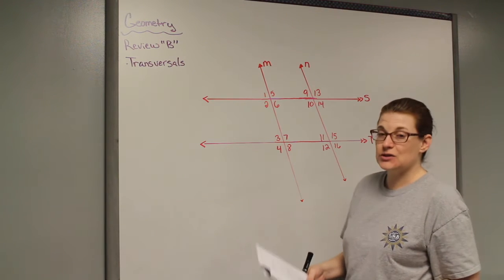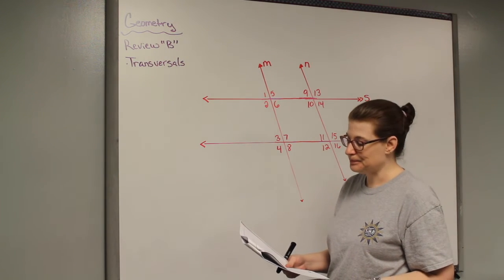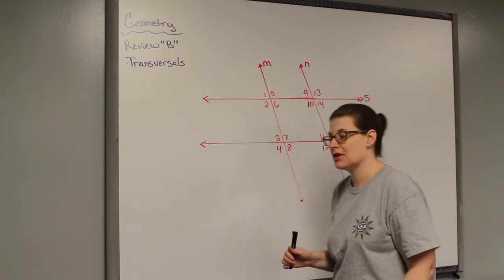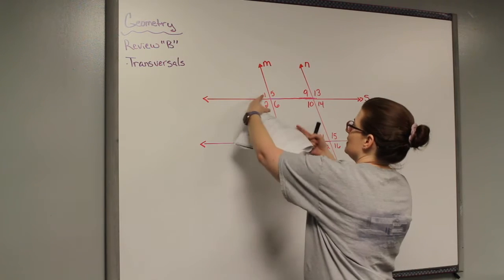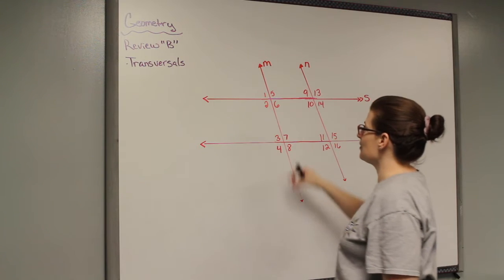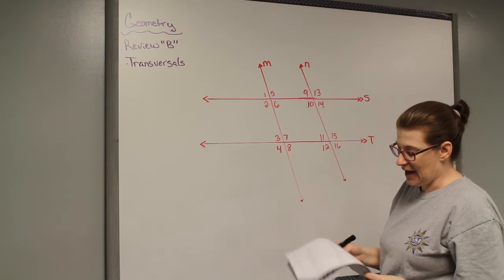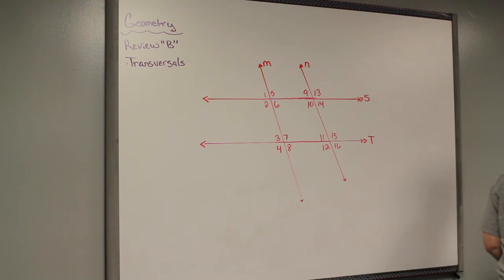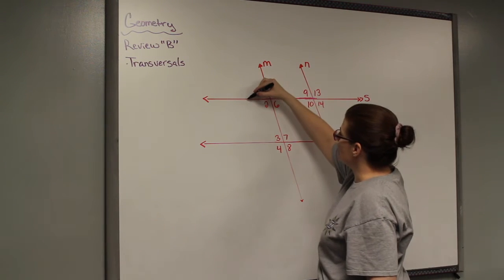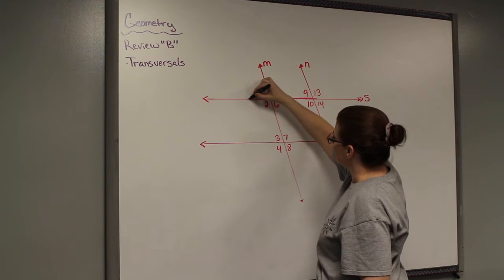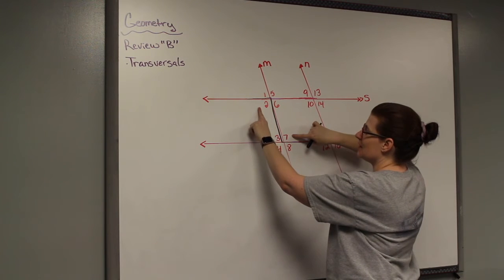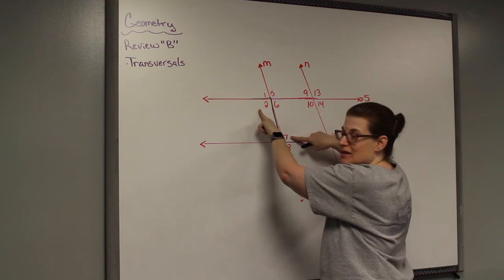So the first type of angles made by transversals for parallel lines would be alternate interior. Alternate interior means that they're on a different side of the line. That's alternate. Interior means they're on the inside. And they tend to make a Z pattern. So for instance, if I made a Z here, 2 and 7, they're both on the insides of these lines, are alternate interior angles.